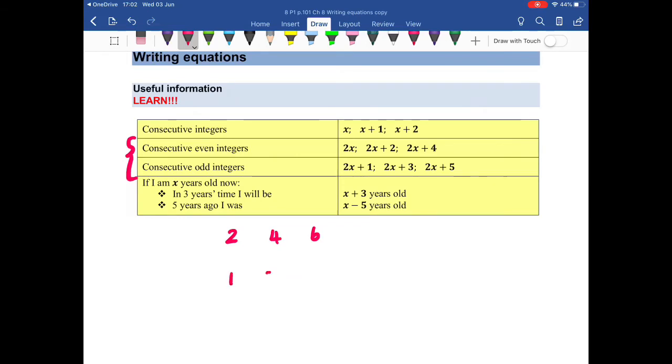Odd numbers are going to be 1, 3, 5, and so on. So to get from this one to that, I'm going to add 2. To get from there to there, I'm going to add 4. The same here. I'm going to add 2 to get to the next consecutive even number, and to there I would have to add 4.